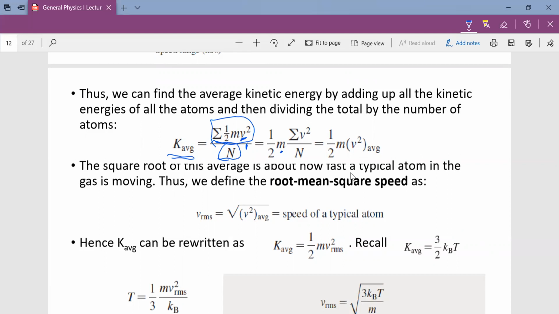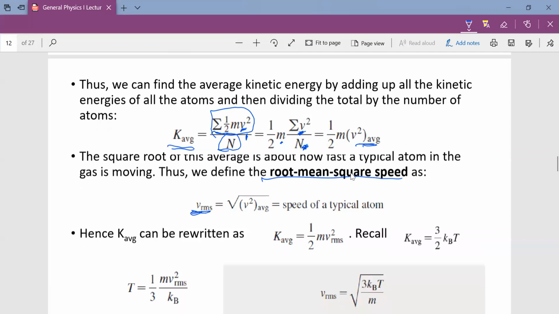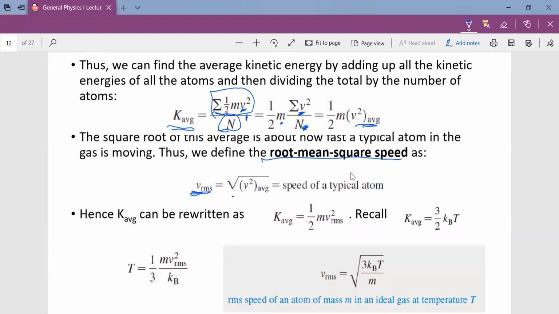The only changing parameter here is the speed, but because it's a gas, the speed is random, so we'll have to take the average. That gives us half m v squared average. To get the velocity for one, we have to take the root mean square, that is, the square root of v squared, to have the single typical speed of one atom in that system.